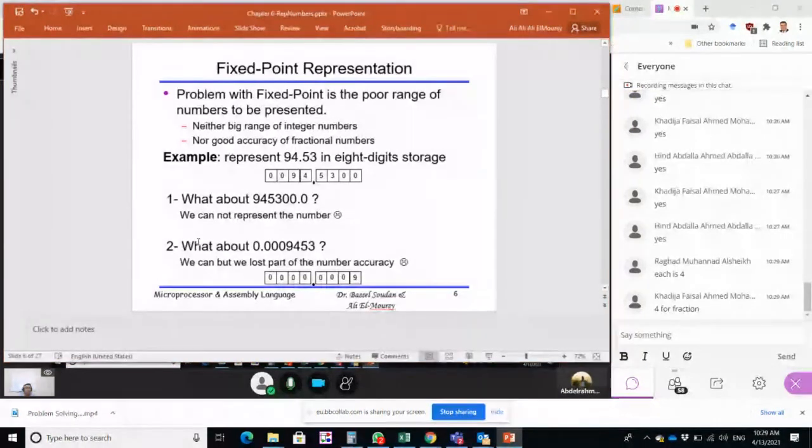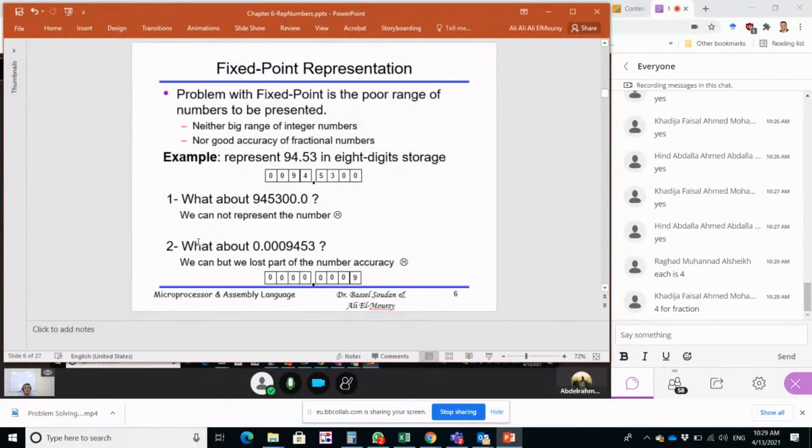Okay, I have 4 digits to store the fraction and 4 digits to store the integer, and it is clearly shown that my decimal point is in the middle of them. Of course, in the real storage, the decimal point is in the middle.